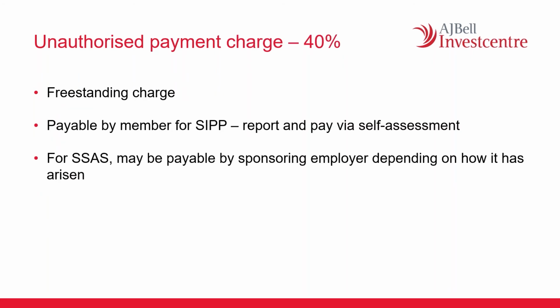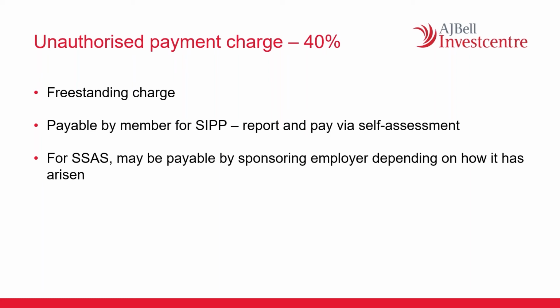So first, we have the unauthorised payment charge, which is a flat rate of 40%. This is a freestanding charge, which means it can't be offset against any of the losses that the member has in their capacity as a taxpayer. For SIPPs, the unauthorised payment charge always falls on the member personally.